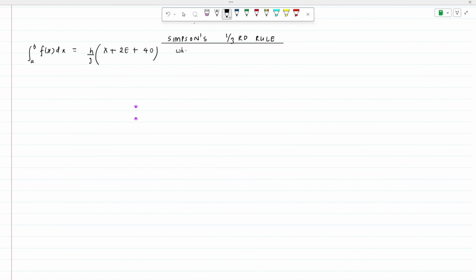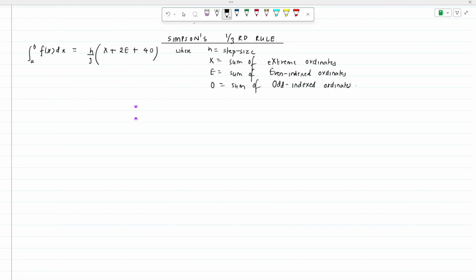Again here h represents the step size, like in the trapezoidal rule. X is the same, the sum of extreme ordinates. Then E is the sum of even indexed ordinates, while O is the sum of odd indexed ordinates.